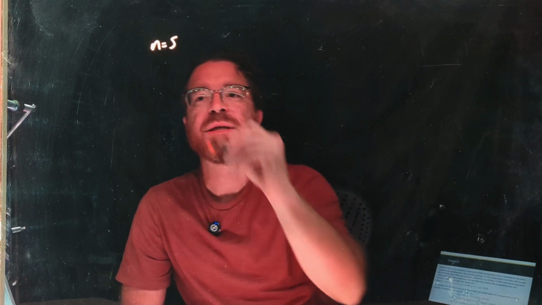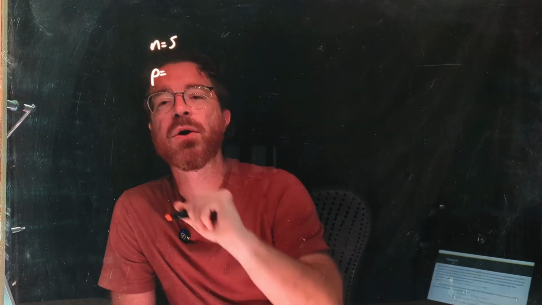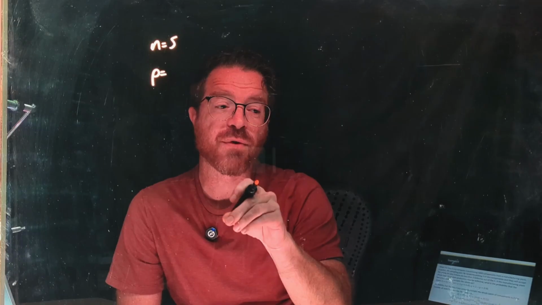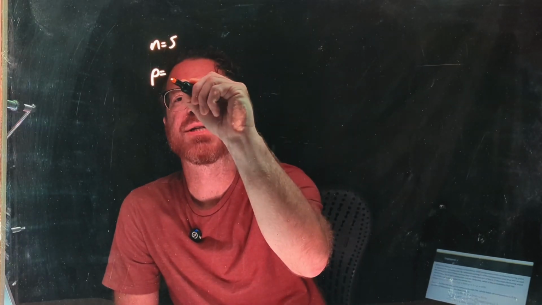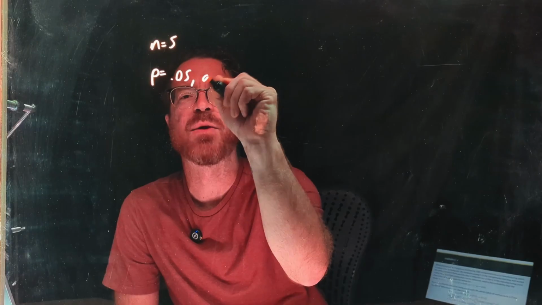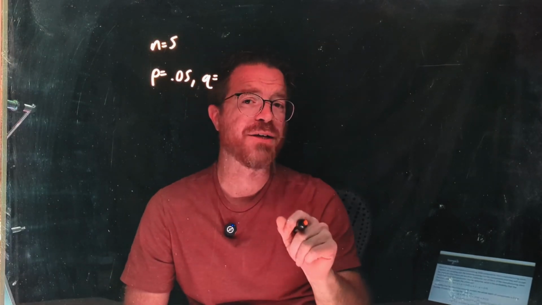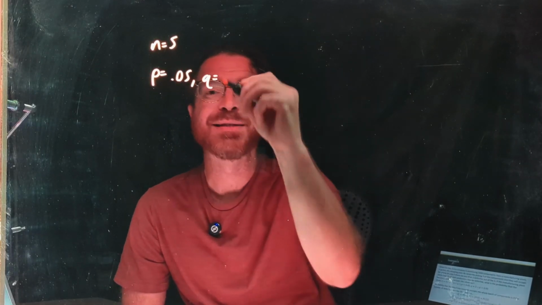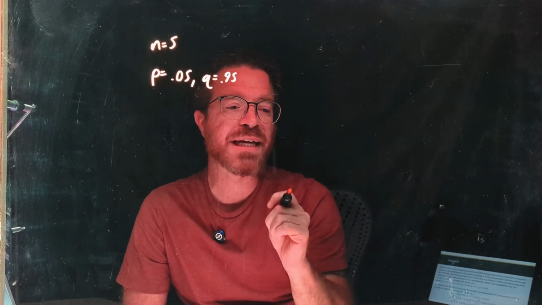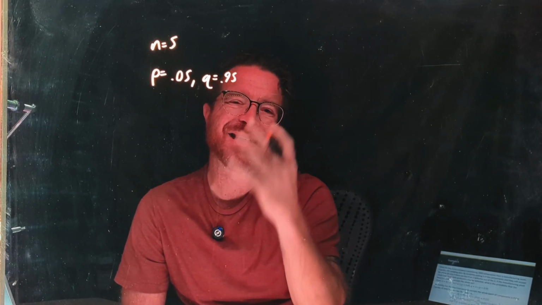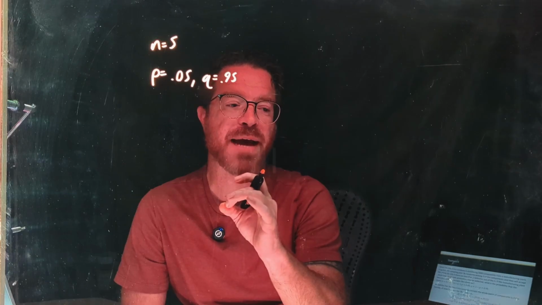The company's probability of a fault, which is what we're looking for faults, is 0.05, right? Because 5% would be 0.05, meaning that our probability of not finding a fault in any given part is going to be 0.95. And we're looking at what condition would cause us to accept this batch.